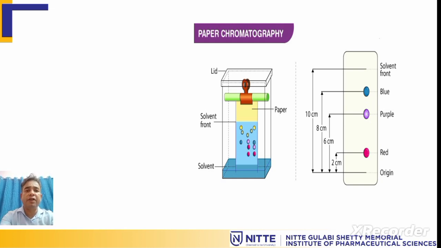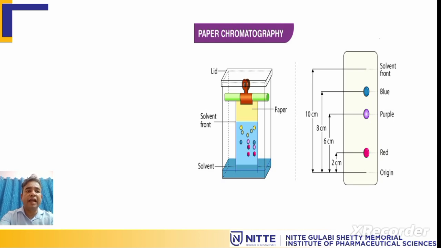When we spot the sample onto the paper, we have to take care of the baseline, right? As we did in TLC, it should be above the solvent system, and then you spot your sample. Make sure that not too much sample is spotted, and give sufficient space from both sides so that the spotted sample doesn't go beyond the paper and back into the mobile phase.